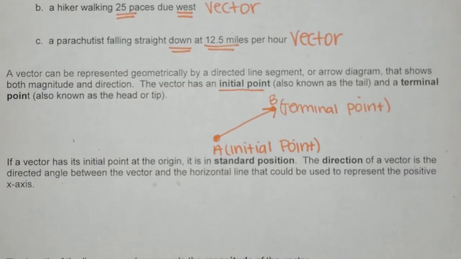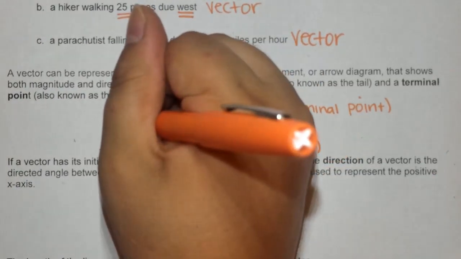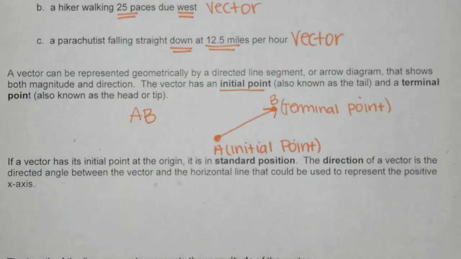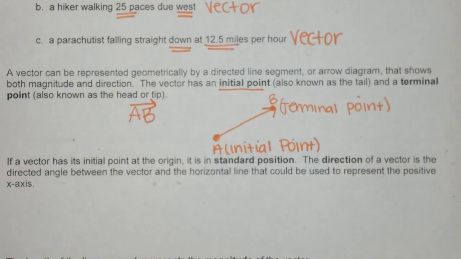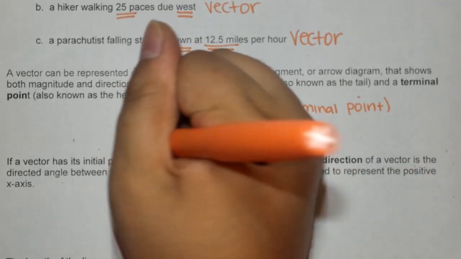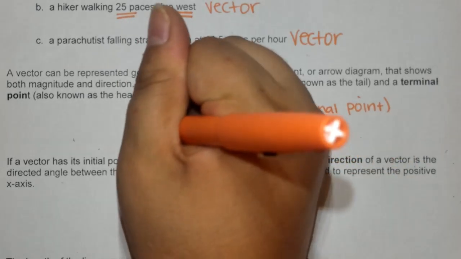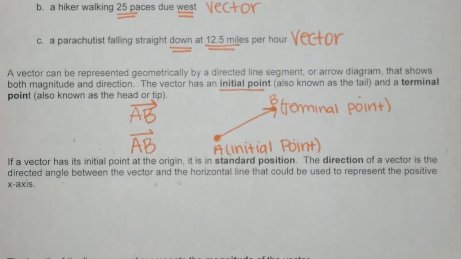When we write a vector, it must go in that direction. So we're going to have AB with an arrow up top. It kind of looks like a ray that we learned in geometry, right? A vector can also be written, and you're going to see me write it like this, where it just has the top part of the arrow. That's also a vector. If you just see the top part of the arrow, that's still a vector.